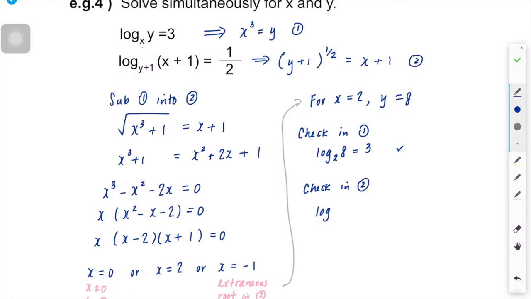I have log of 8 plus 1, so 9, of 2 plus 1, 3. Is that equal to a half? Yes, checks out. So that's good. So therefore, the solutions must be x equals 2 and y equals 8.